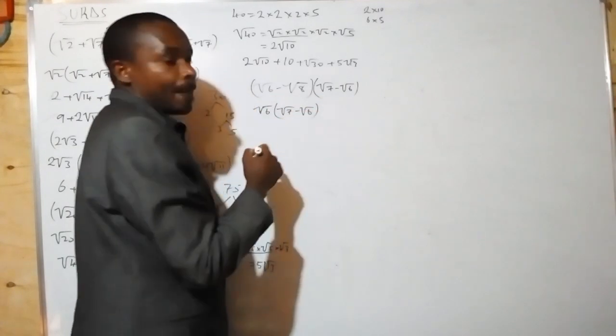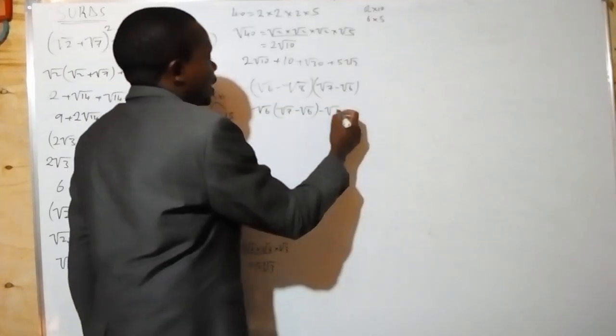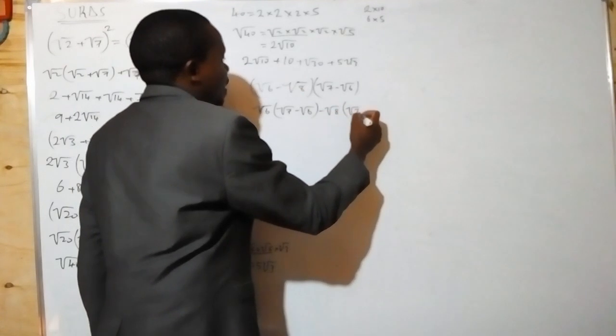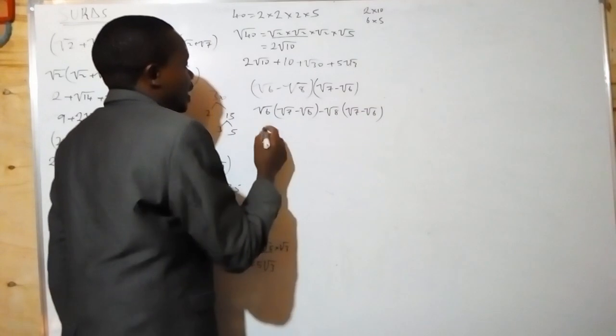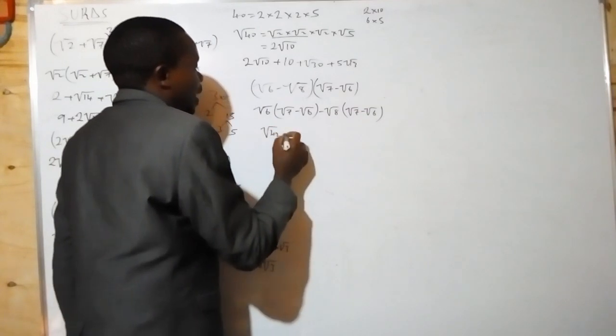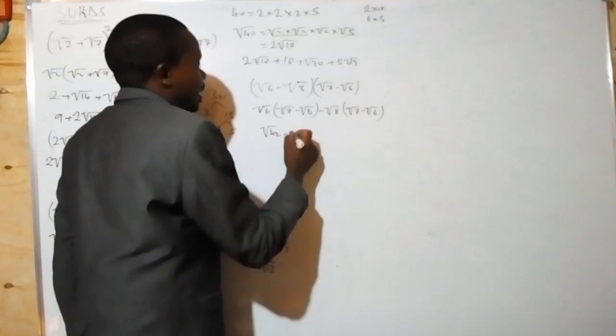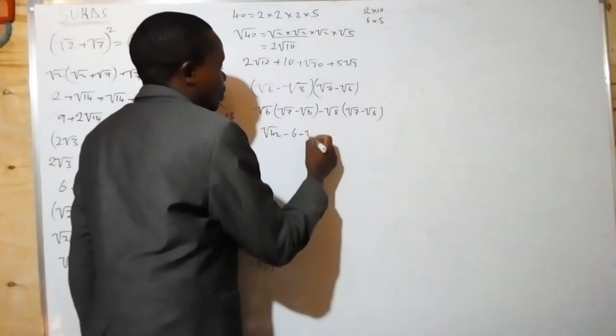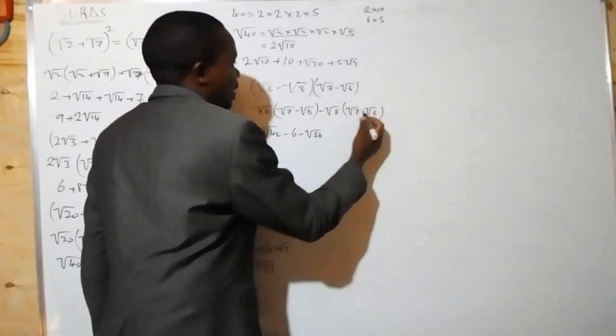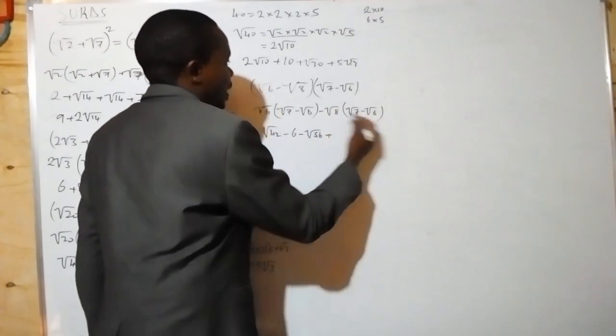Then negative root 8, root 7 minus root 6. Root 6, root 7, root 42. Minus root 6 and root 6 is supposed to give you 6. Then negative root 8, root 7, root 56. Negative, negative, positive, root 8, root 6, root 48.